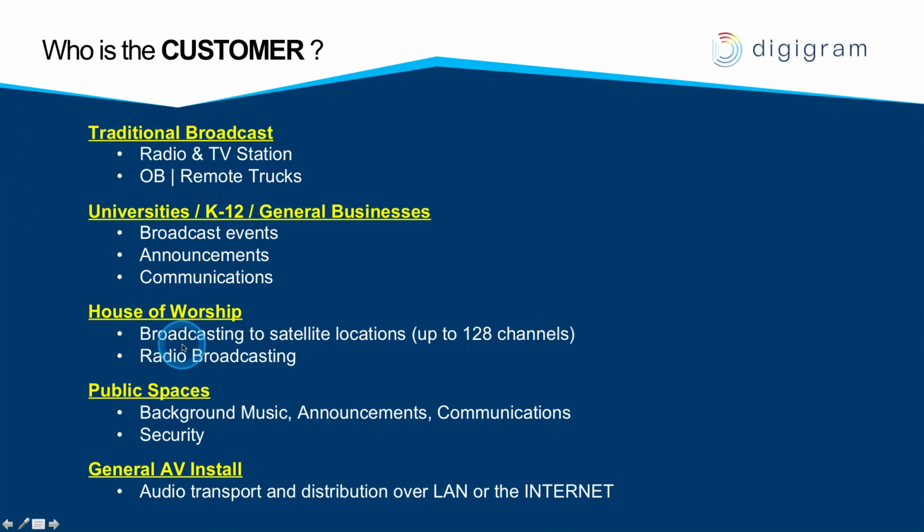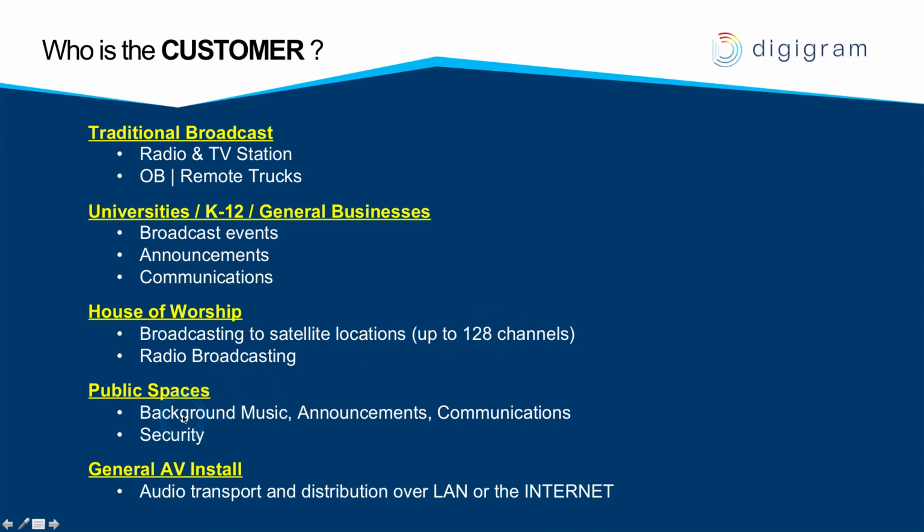Houses of worship would want to broadcast from their main location to satellite locations, and with the multi-channel codec technology, they can even incorporate all of the audio channels from the stage and all of the production that's going on and send up to 128 discrete audio channels along with 2-pop sync, if you're wanting to sync to video, and basically have the campus on the satellite side receive all those channels and remix it into whatever PA system is going on there. And it's a bidirectional connection, by the way.